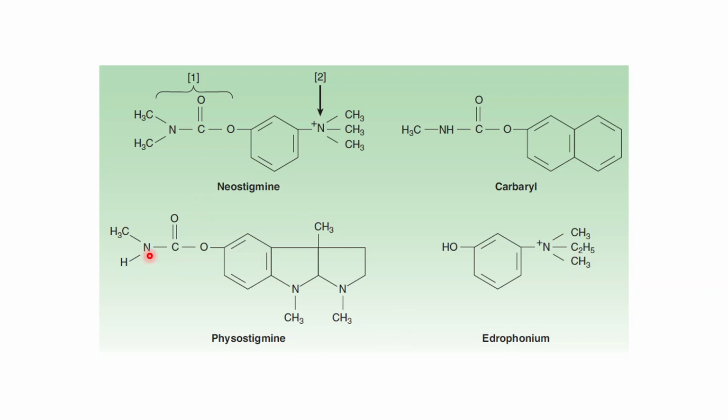So here is the carbamate, the nitrogen is the carbamate, and here two nitrogens are inside the ring, and the rings are fused, and also these nitrogens are blocked by the methyl group.